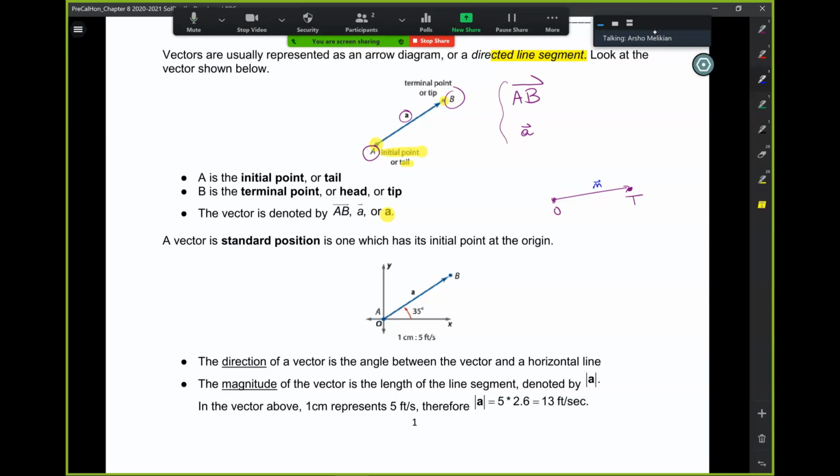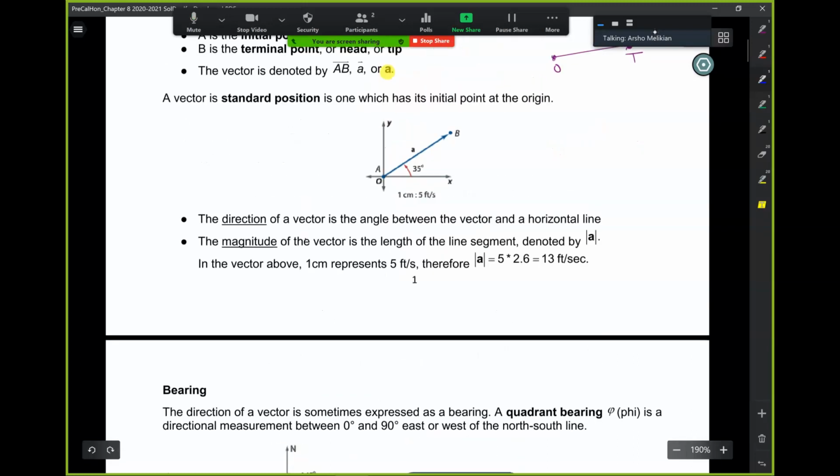Okay. A vector in standard position is a vector where the initial point is at the origin. So you see here the initial point is at the origin. That is a vector in standard position. Once you put a vector in standard position, you can talk about the direction.